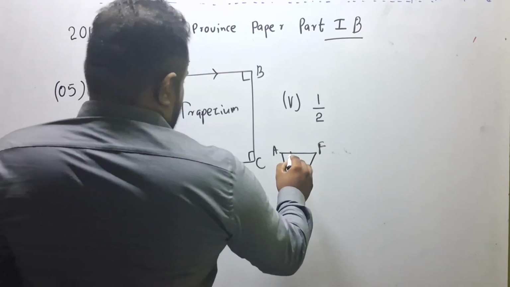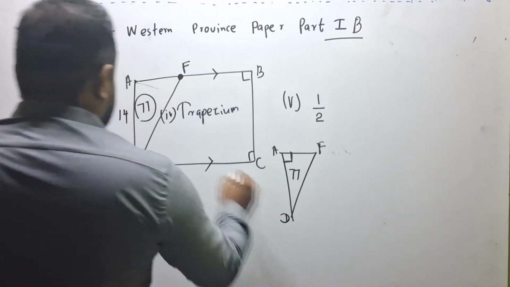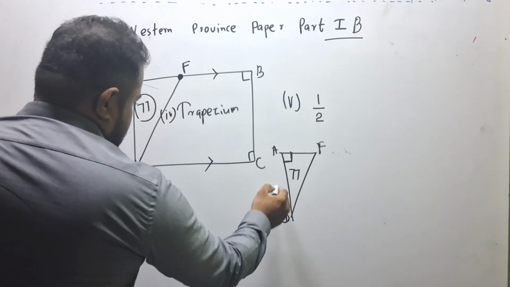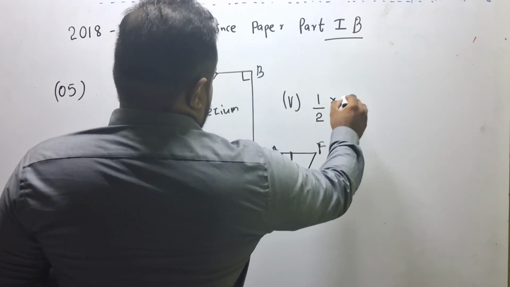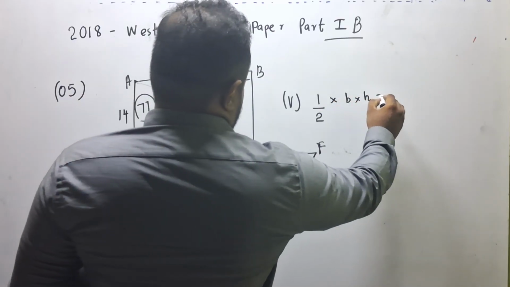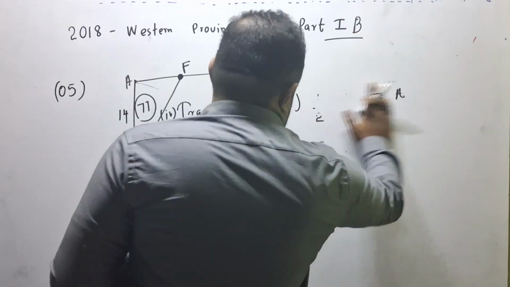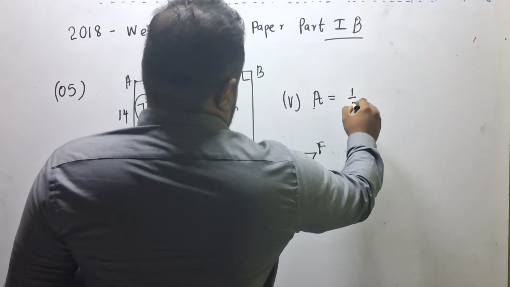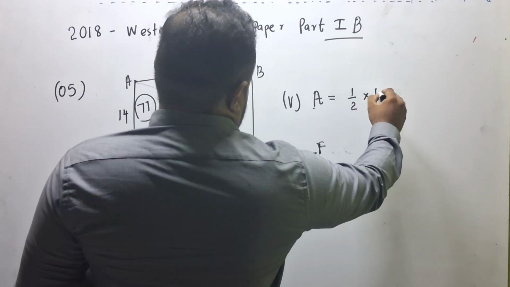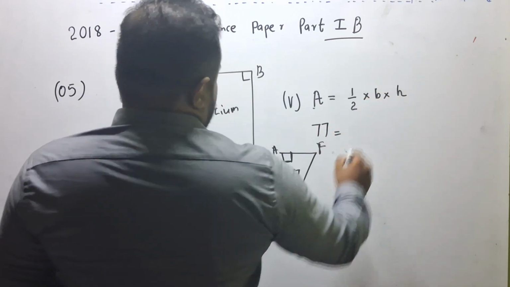So this is the base AF, and AD is the perpendicular height, which is 14. Area equals half into base into perpendicular height. The area we need is 77.